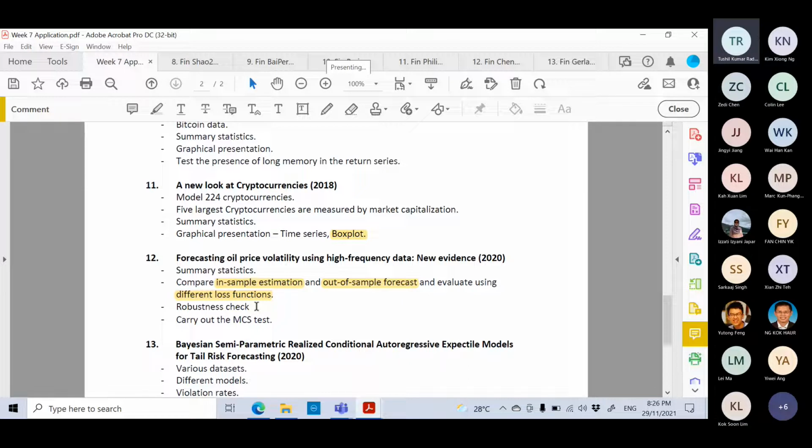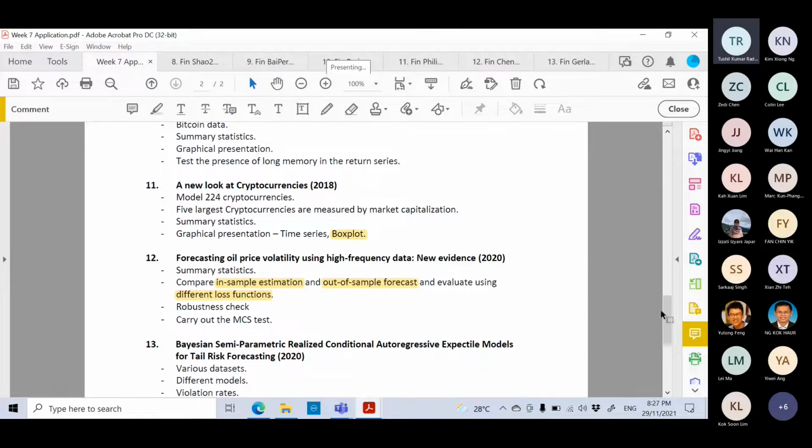At the same time, they also carry out a hypothesis test called the MCS test, to test whether the model really has good performance or not. So instead of just comparing the loss functions, they also carry out a hypothesis test.